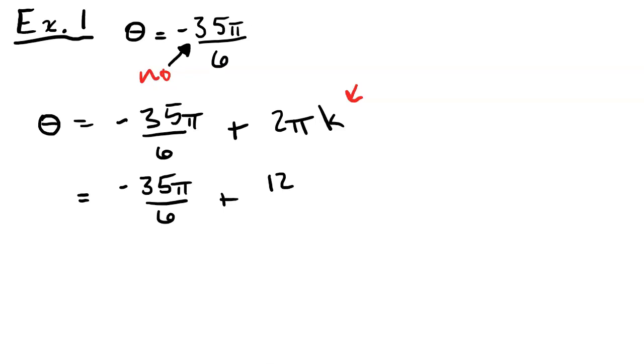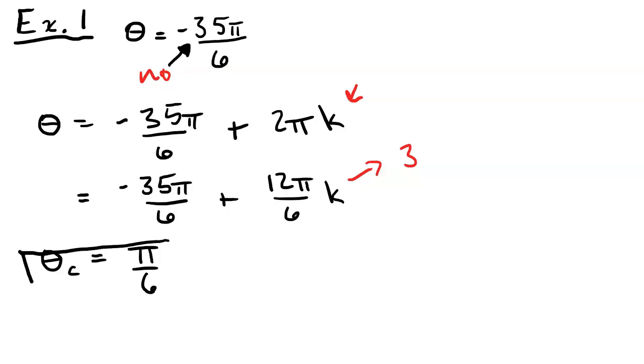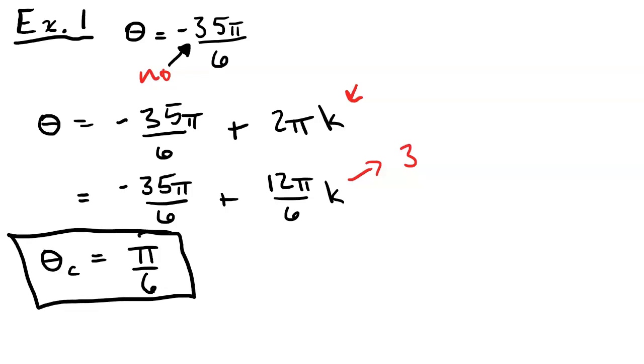So if we write 12 pi over 6, maybe it's easier to see that this k is 3, because when we multiply 12 by 3, we get 36. And negative 35 plus 36 is just 1. So the least non-negative coterminal angle is pi over 6. And it looks like my guess was right. It is part of the pi over 6 angle family.